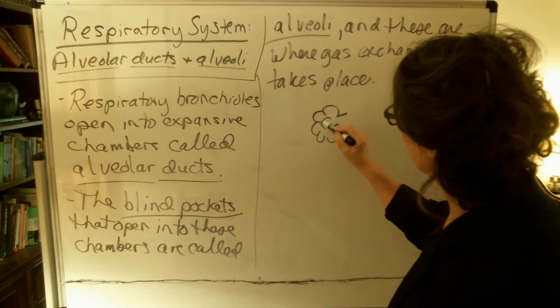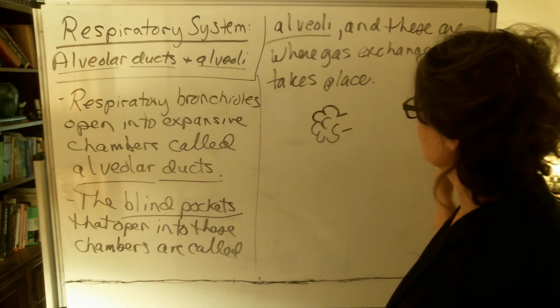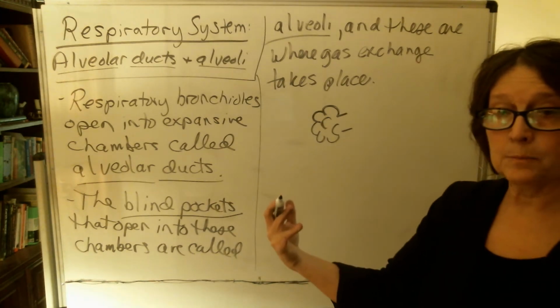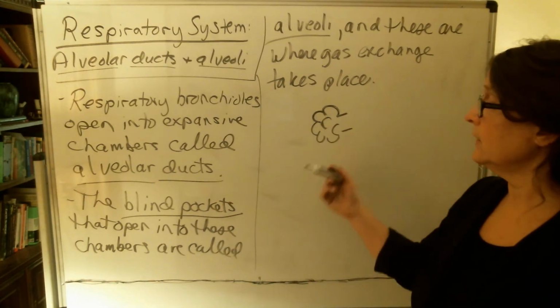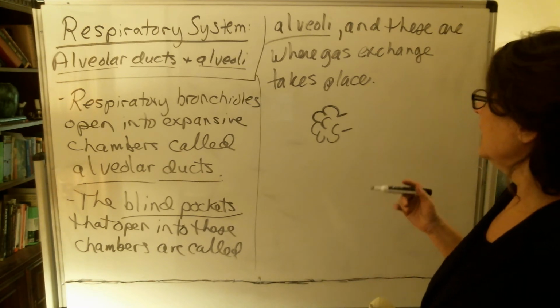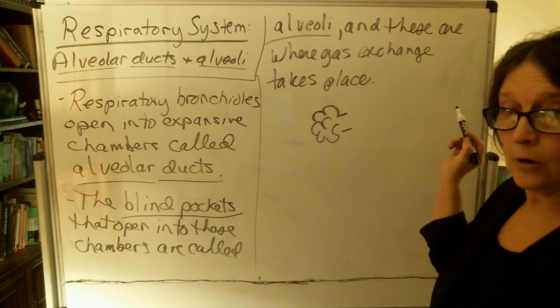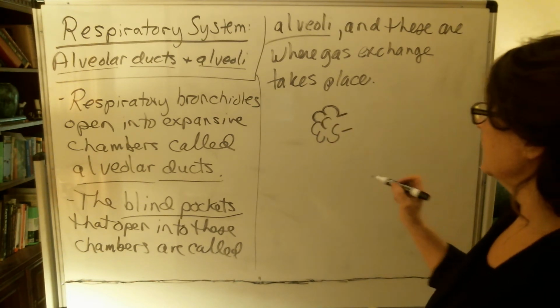So each one of these little pockets is made out of soft tissue. They expand when air enters them, they contract and push the air back out again. And the walls of the alveoli then, those are where gas exchange actually takes place.